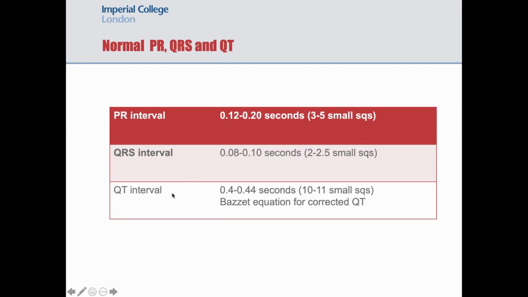With QT interval, it slightly differs between men and women. In women, it is normally a bit larger. The normal range is up to 0.46 seconds, and in men up to 0.44. But if you think about it, when your heart rate changes, the QT interval can change slightly according to the heart rate.